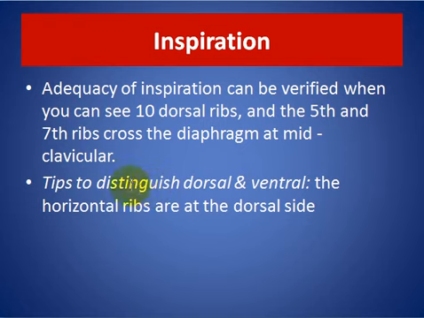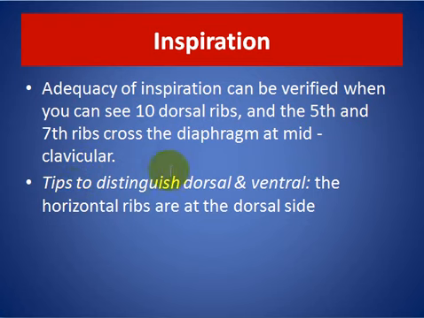Inspiration: we should take a deep inspiration during the taking of the chest X-ray. How do we know that it is good inspiration? When we see 10 dorsal ribs or 5 to 7 anterior ribs across the diaphragm at the mid-clavicular line.